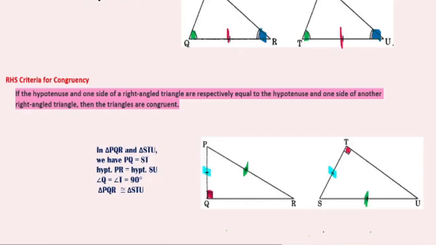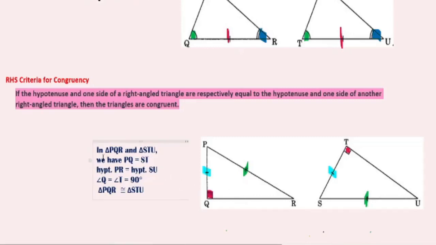So here Q is 90 degree and angle T also 90 degree. So in two right triangles you have to check these three conditions. First one hypotenuse, second any one of the other two sides, and the given right angle.